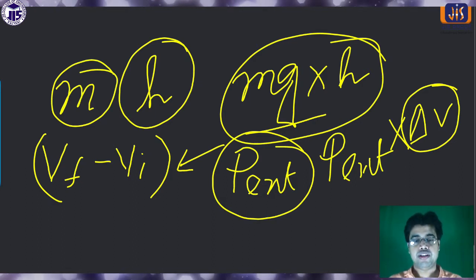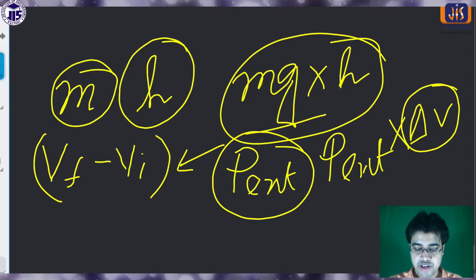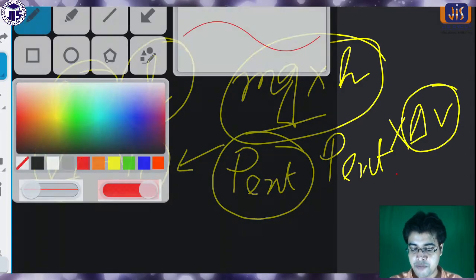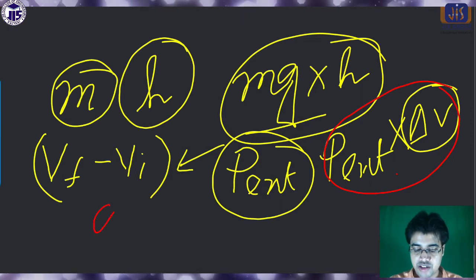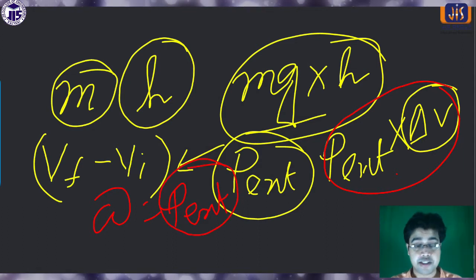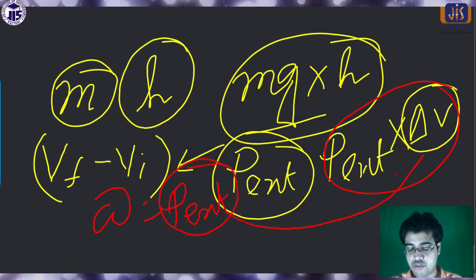Work is the product of the intensity factor and the capacity factor. This example is very important for thermodynamics. You have to keep in mind that W is equal to Pext, the external pressure, into delta V, the volume change, either expansion or compression.